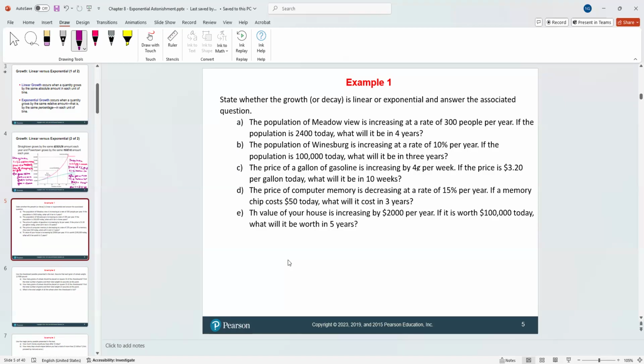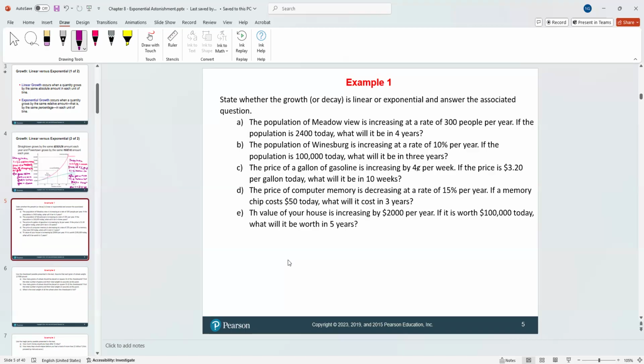So let's go with the first example. We said that the population of Meadowview is increasing at a rate of 300 people per year. If the population is 2,400 today, what would it be in 4 years? Now, remember, it's increasing.